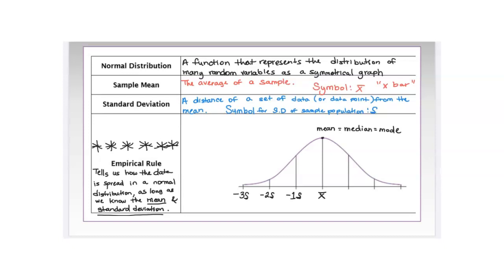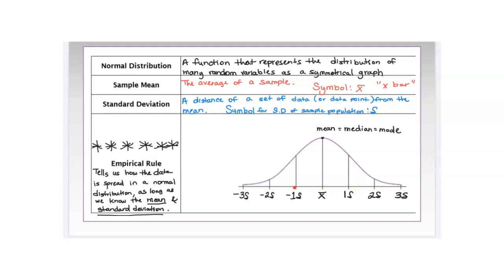If we look on the right-hand side of our mean, this would be 1 standard deviation to the right, 2 standard deviations to the right, and 3 standard deviations to the right. If you want to think about these standard deviations, it's almost like thinking about, well, here's the mean, we're in the middle. This is 1 step to the right, 2 steps to the right, 3 steps to the right.